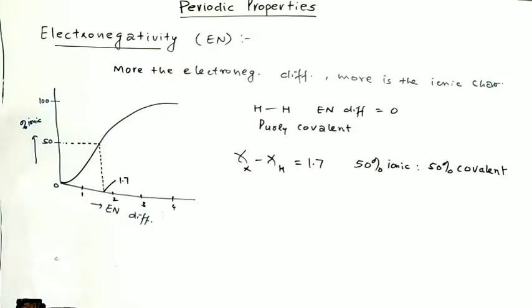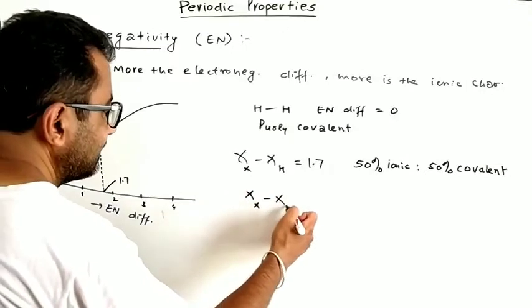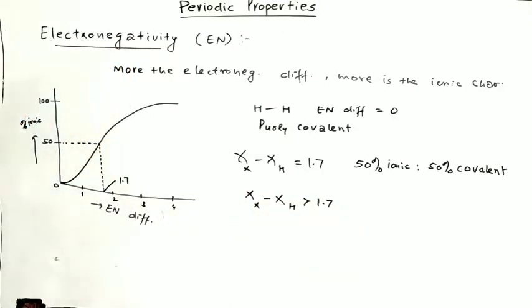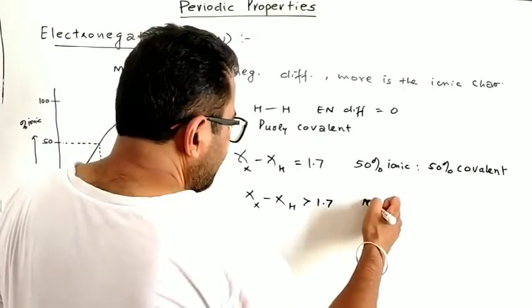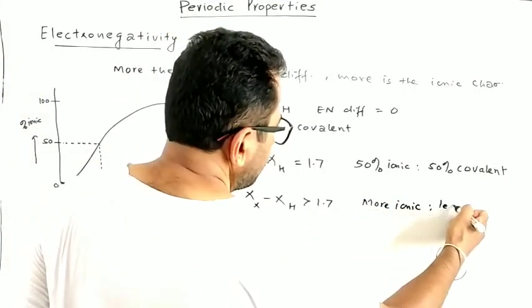If this difference is more than 1.7, the more the difference, the more the ionic character increases. So what will we write? More ionic, less covalent.